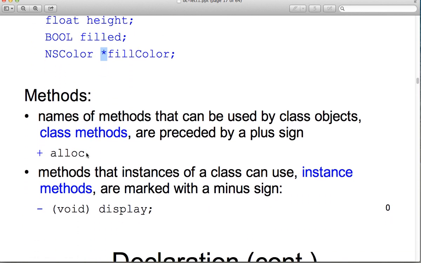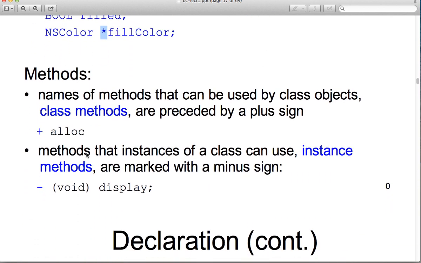And then we have the methods. As I mentioned before, we have methods that are instance methods and methods that are class methods. So here we have methods, and here's the name of a method that can be used by a class object. And so we have class methods that are preceded by a plus sign. So plus alloc is actually a class level method, by the way. It's a class level method that we run on any object to create an object.